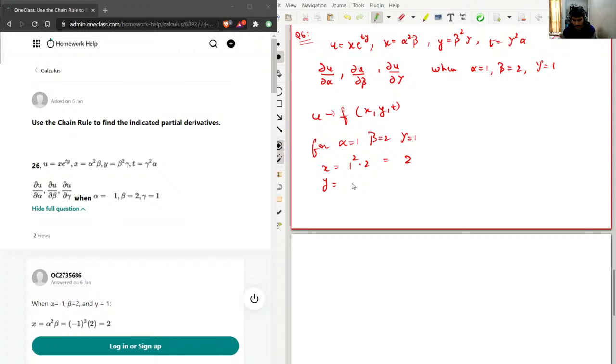Y is beta square gamma, so 2 square into 1, this will be 4, and t will be gamma square alpha, so 1 square into 1, this will be 1. So I'll just write the values which we'll be using afterwards. So alpha equal to 1, beta equal to 2, gamma equal to 1, x equal to 2, y equal to 4 and t equal to 1.